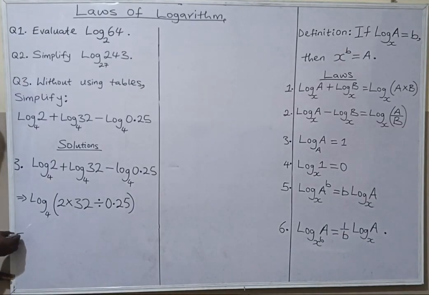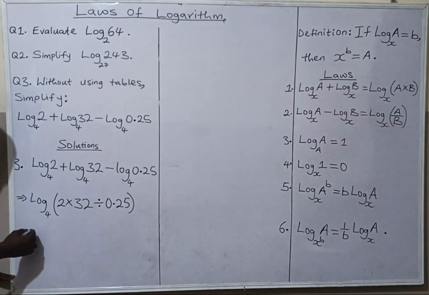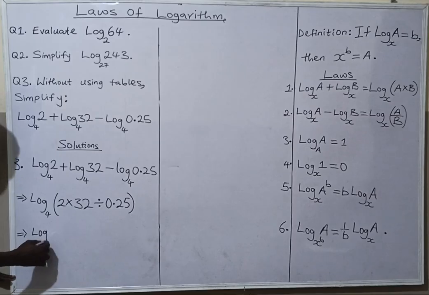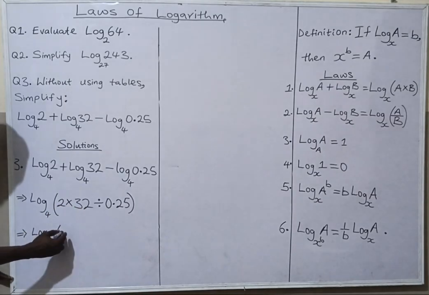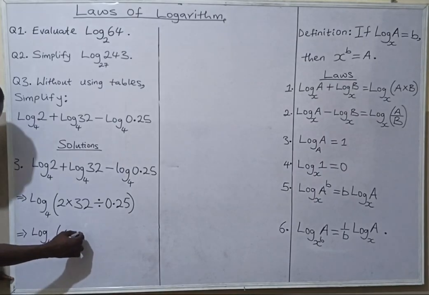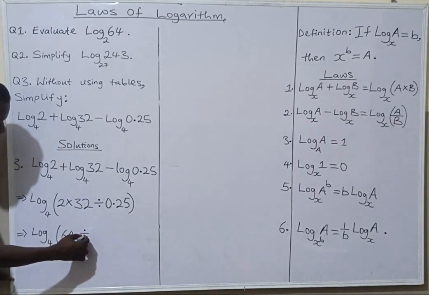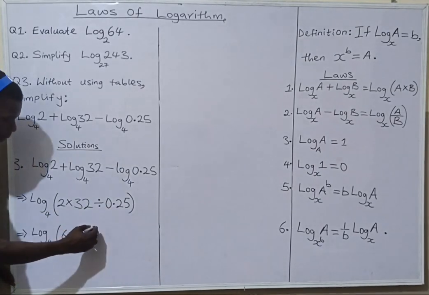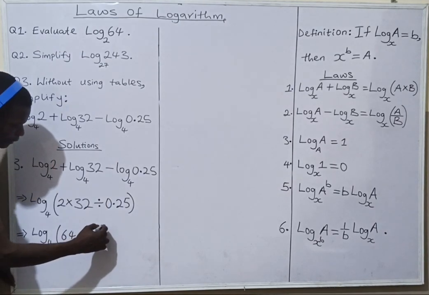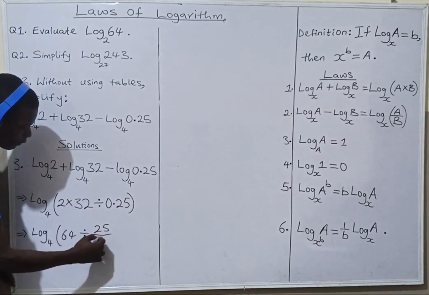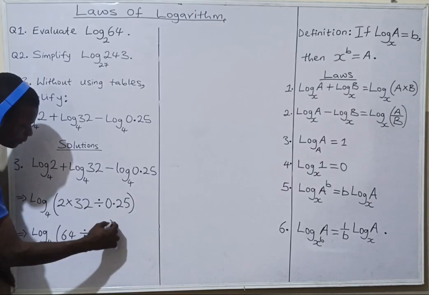Okay, so we can simplify further to have log still to base 4, 2 multiplied by 32, that's going to be 64. 64 divided by 0.25. The decimal can be expressed as an exact fraction as 25 over 100.